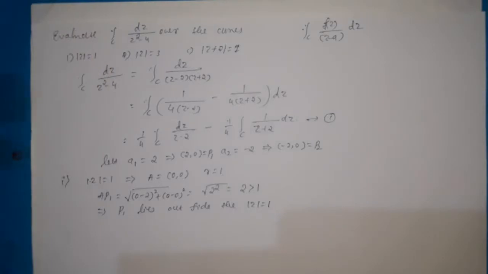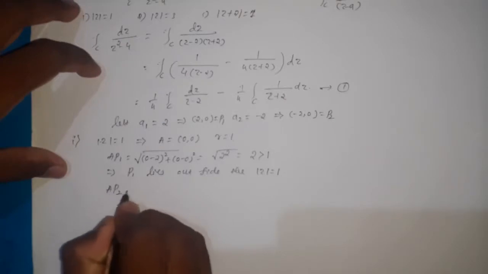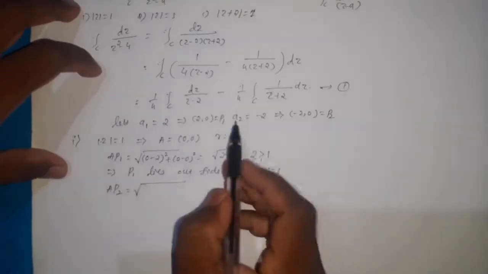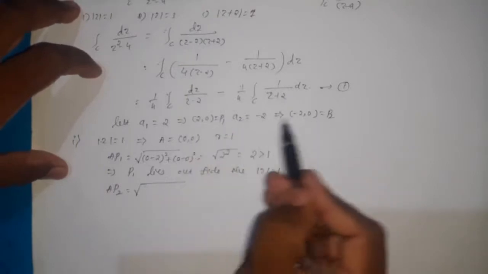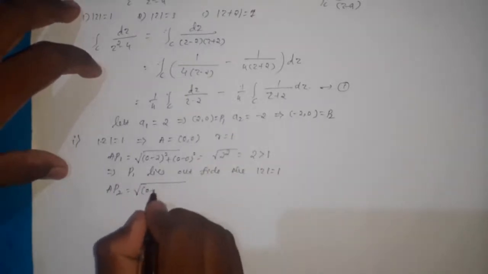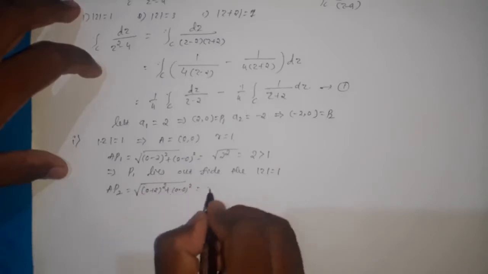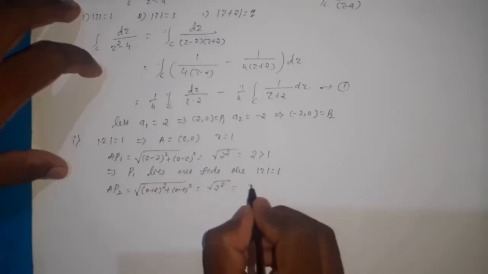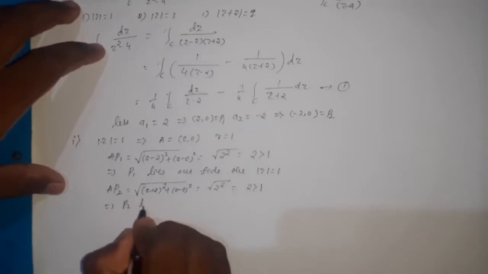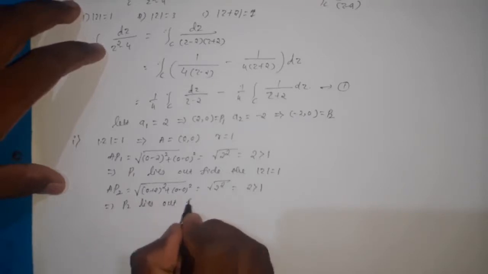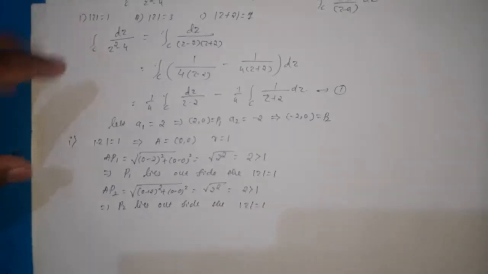And similarly we can check the condition for P2. The center is 0 comma 0 and P2 is minus 2 comma 0. Then square root of (0 minus of minus 2, that is 0 plus 2) whole square plus (0 minus 0) whole square, that is square root of 2 square, which is 2, greater than 1. So it implies P2 lies outside the circle mod z equal to 1.